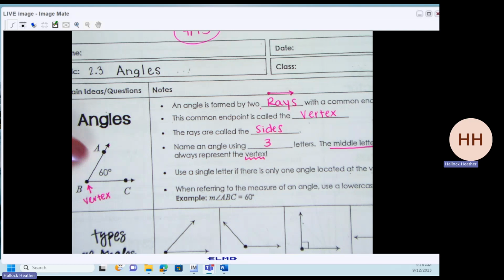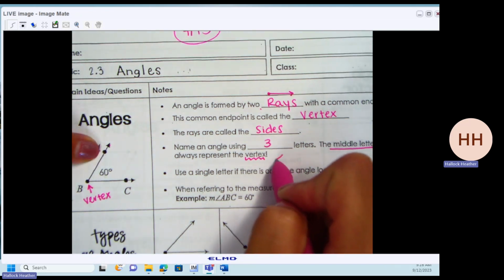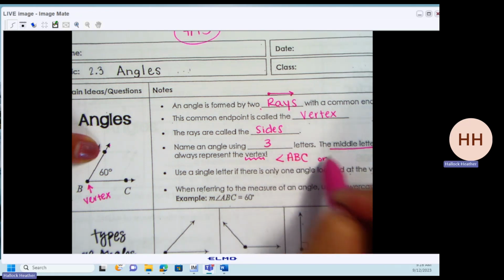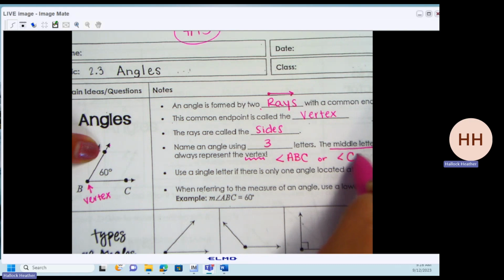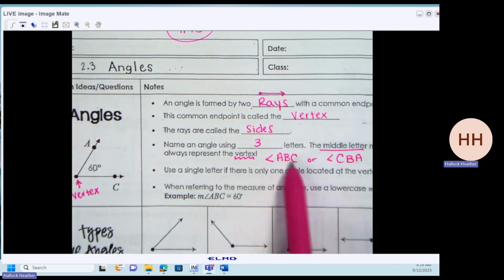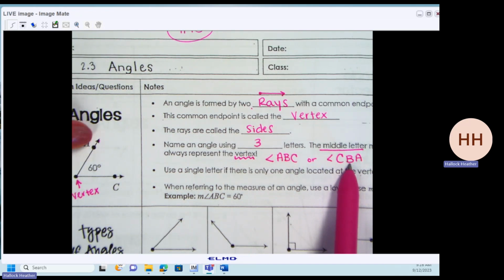I can start at A, go to B, end at C, or I can go the opposite way. I could start at C, go to B, and then end at A. So we're going to write it both ways. We're going to say this is angle ABC, or I could say angle CBA. Either way, that vertex B is in the middle of the combination ABC, CBA.